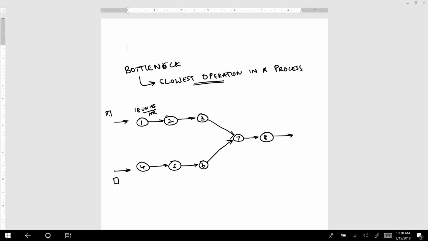So that means it can process 18 units in an hour. Operation 2 is 15 units per hour.